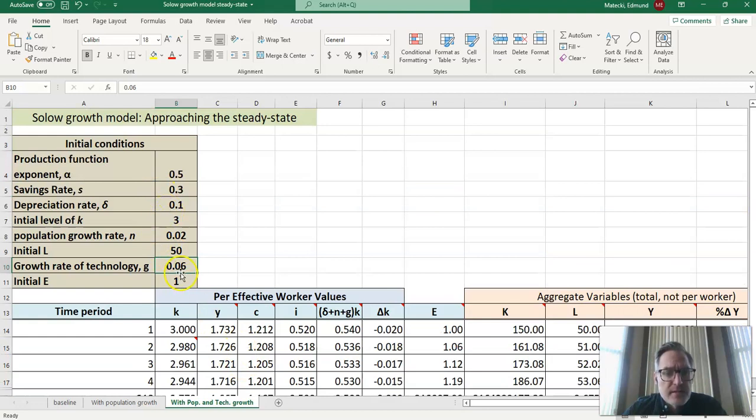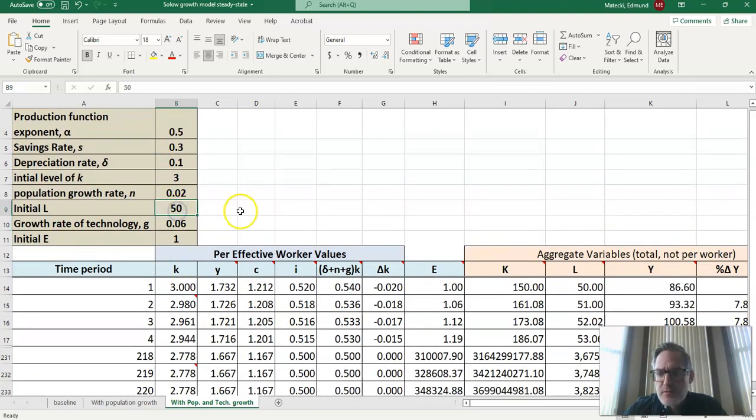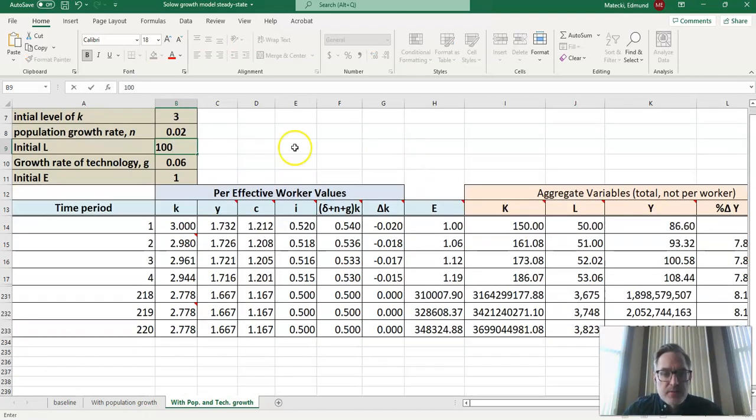I didn't do this on the other tab, but if you were to change the initial value of L or E or anything like that, you can see some interesting results here. So let's see if we change this from 50 to 100. What happens to our steady state values? Pay attention down here.